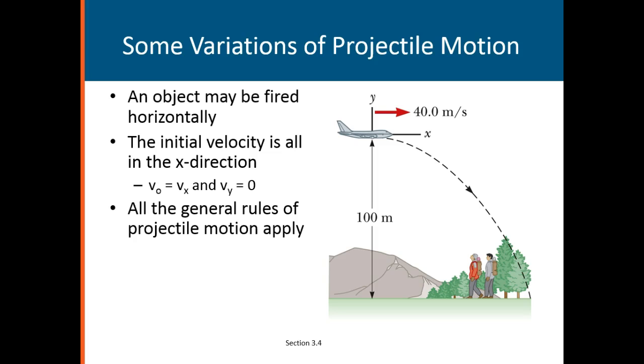The plane is traveling horizontally at 40 meters per second at a height of 100 meters. Neglect air resistance. The first part, A: where does the package strike the ground relative to the point at which it was released? So relative to this point here, of course it's in the air there, but on the ground down here, how far over does it strike the ground?